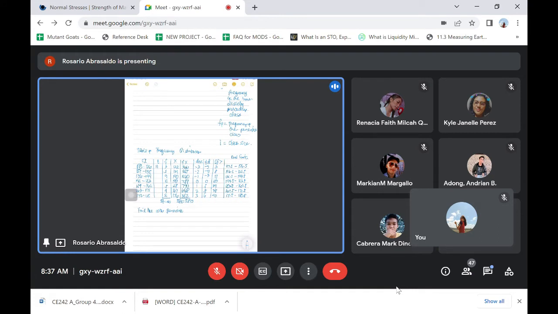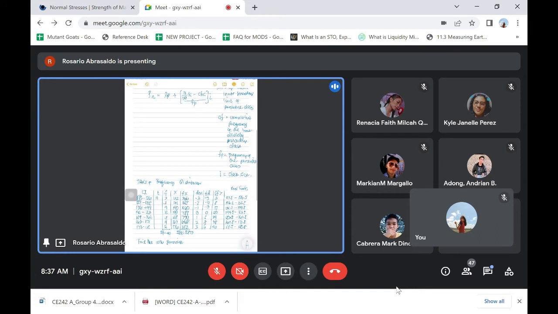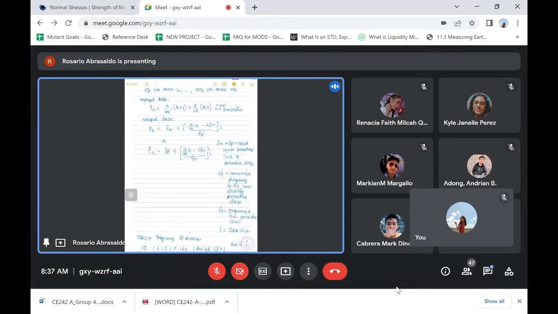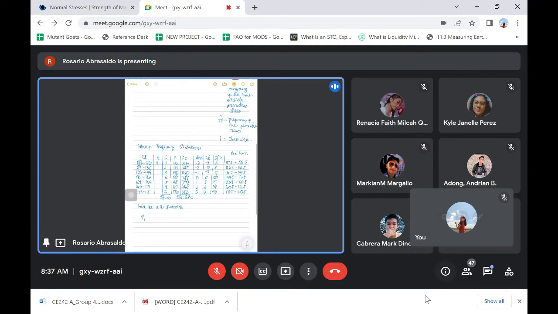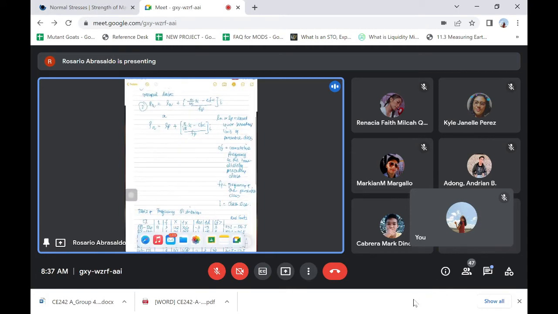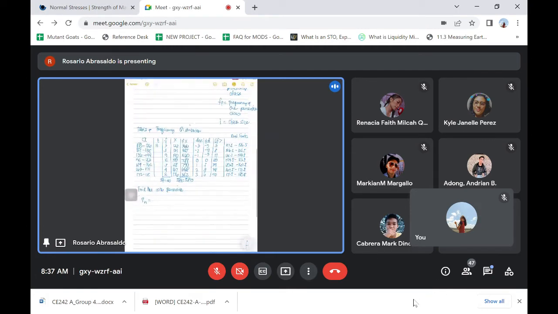Okay, the 10th percentile. So therefore, kaning using ungroup data, so may kag P sub n, itong formula, no? N over 100. Ay, sorry. So you have n plus 1.